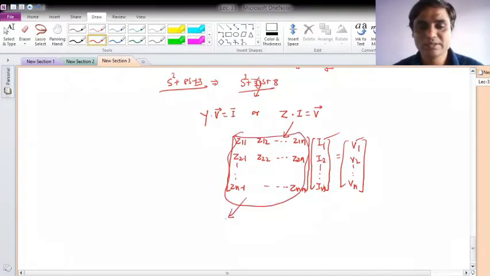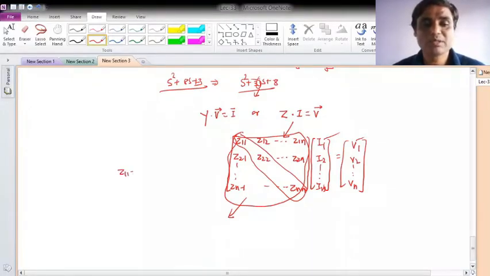In this matrix, all these Z11, Z22, Znn, as we already know, are the self impedances. Each will be the sum of all impedances in that particular mesh. So if you take any circuit or any network, the impedance will at most consist of resistor, inductor and capacitor. So what is its impedance? It will be R plus SL plus 1 over CS.